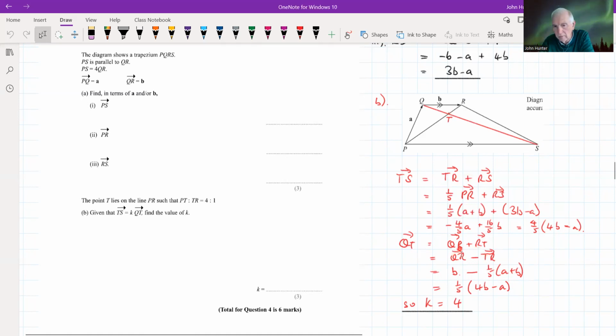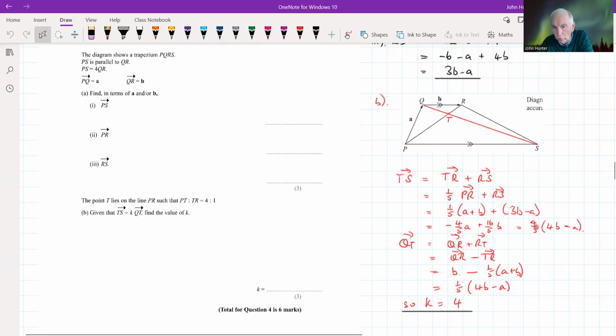So we've got QR minus TR. QR we know is B. TR we just worked out above: it's 1/5 of PR, so 1/5 of A plus B. When we simplify this, we get 1/5 into 4B minus A.